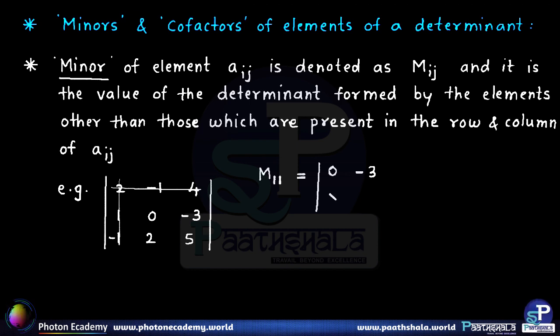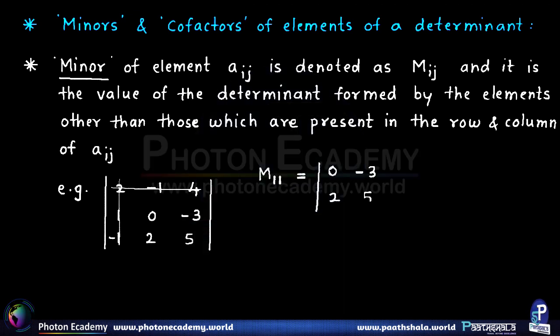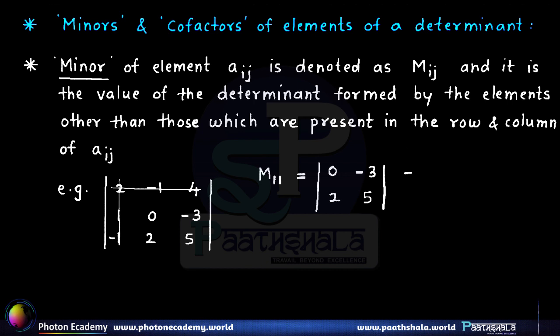So this determinant is nothing but the minor of the required element -2, and we know how to calculate the value of the determinant. We calculate it as the product of diagonal elements, which is 0 into 5, so that turns out to be 0, and from that we have to subtract the product of 2 and -3.